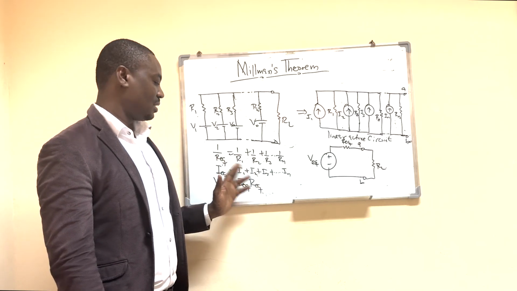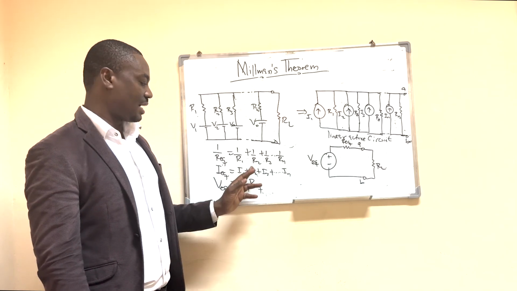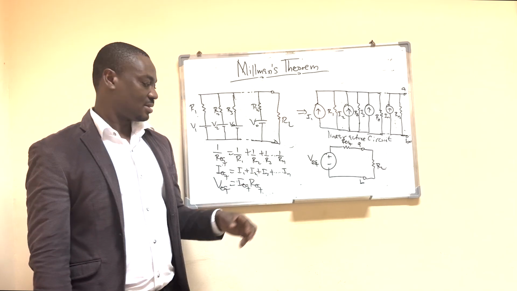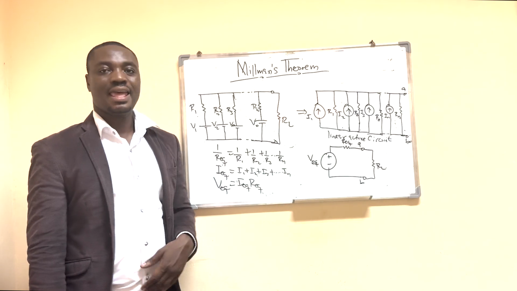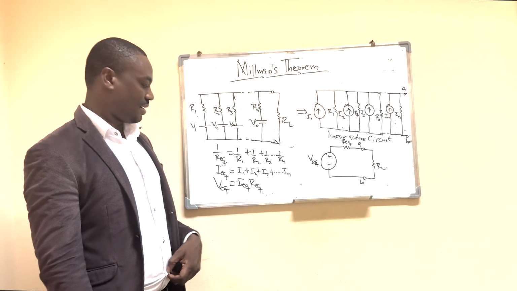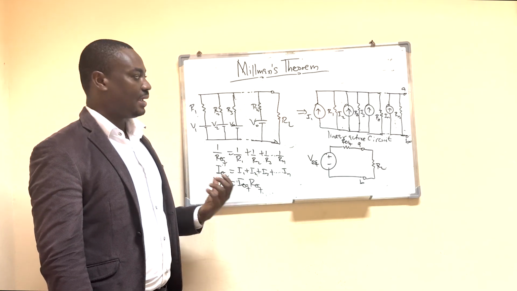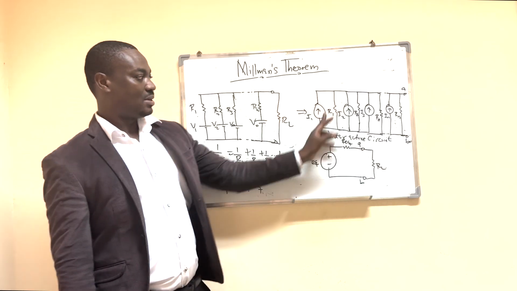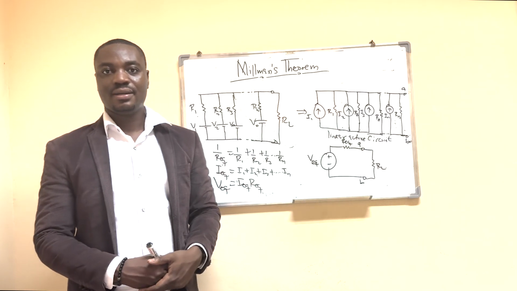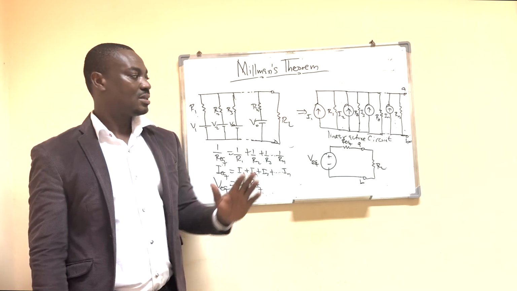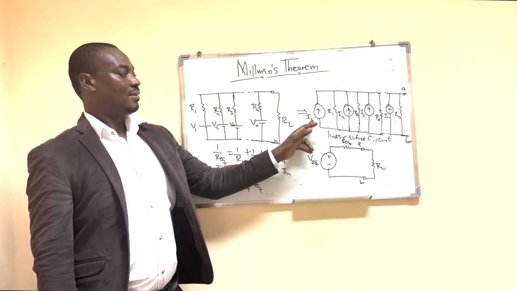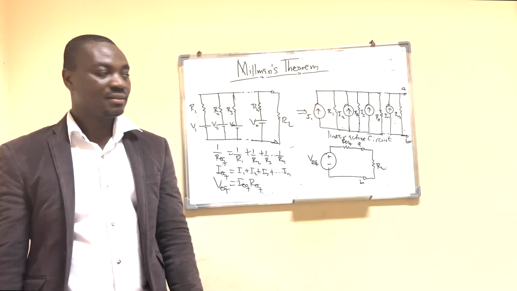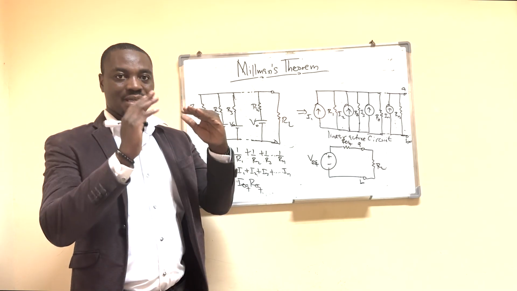That will be 1 over equivalent resistance equals 1 over R1 plus 1 over R2 plus 1 over R3 up to the nth resistor being 1 over Rn. Then when it comes to the equivalent current, it's going to be the algebraic sum of the currents after the source transformation. Here again, all the currents are in parallel, so you do the algebraic sum.